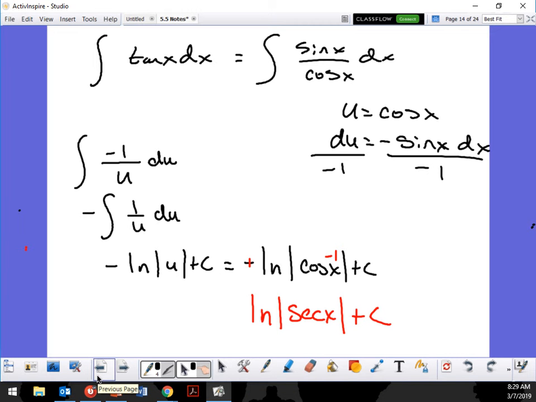Every single time when I say, what's the integral of tangent, do you have to do that every time? No. I'm trying to show you that you can go from here straight to here as long as you know those identities that I told you. Cut out all the work, all the middleman, you have the identity for it. So an identity means we use this as my answer. Make sense?